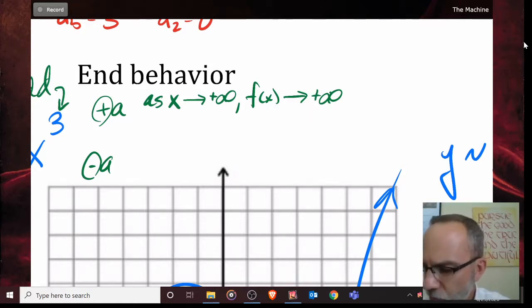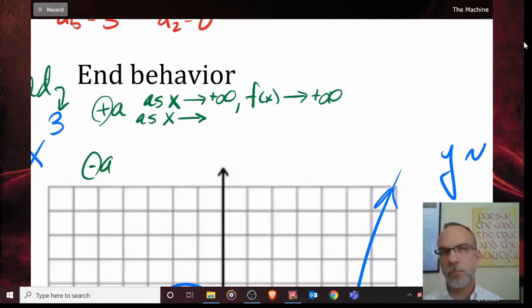I've got something else now. x can go to the right forever, but x can also go to the left forever. How do I write forever left? It means going this direction. What sign, positive or negative, means to go to the left on an x? Well, that would be a negative. And I want to go to the left forever. So now this is to the left forever.